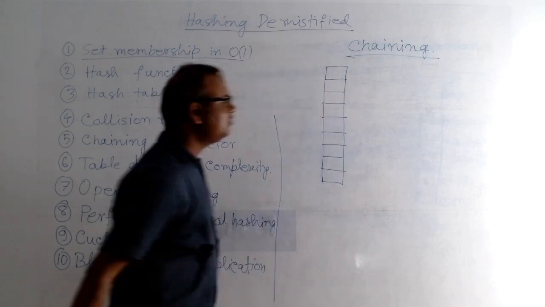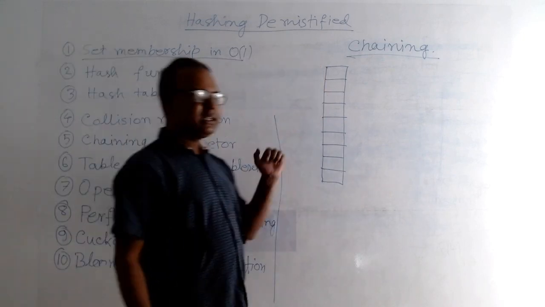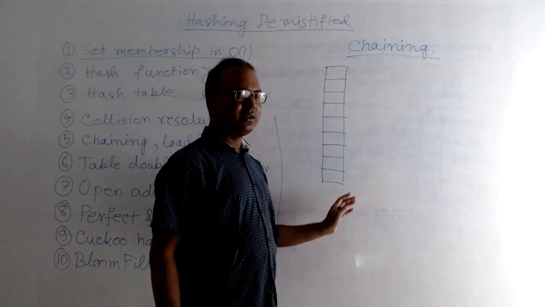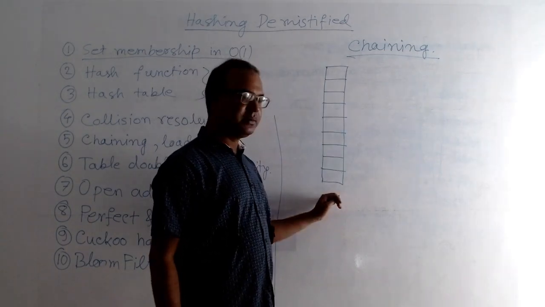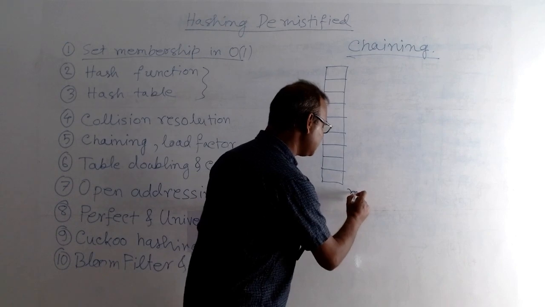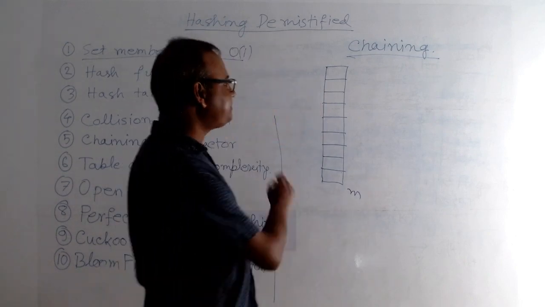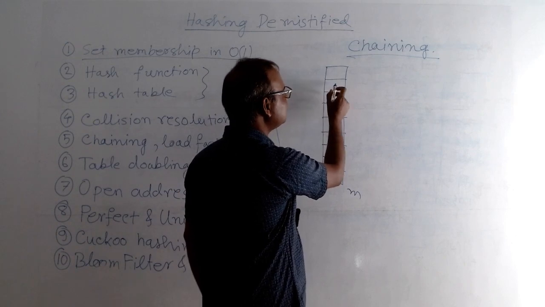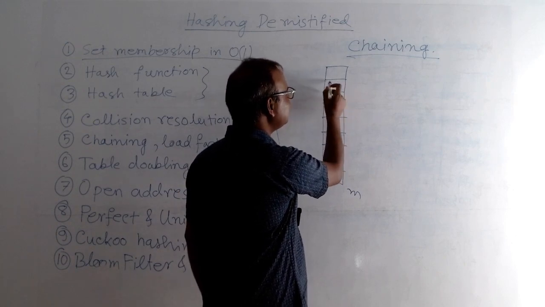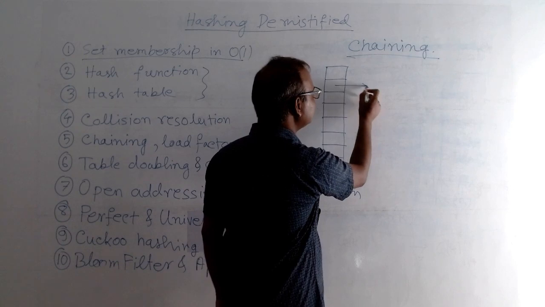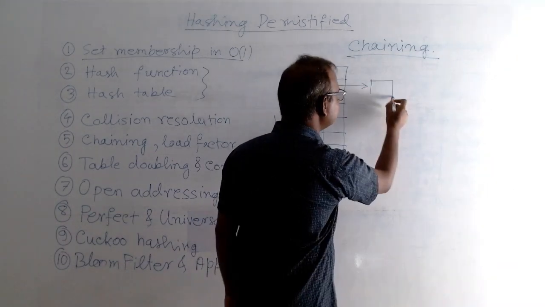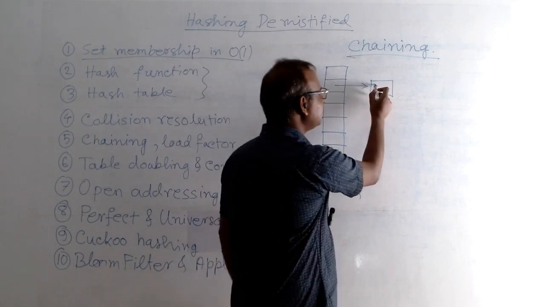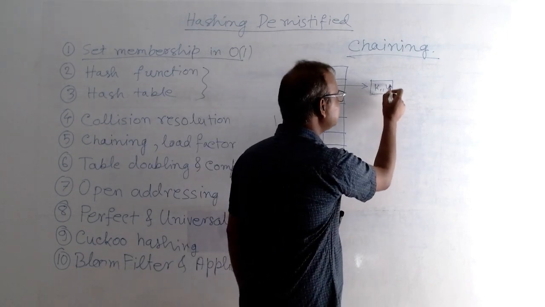We maintain a different chain with each position of the hash table. Let's say the size is m. We maintain a linked list sort of thing, and inside it the value, let's say k1 b1.